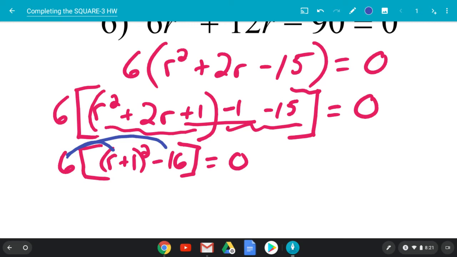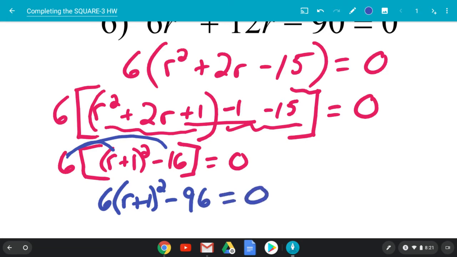So when I multiply it times this first one, I'm just going to let it sit there. 6 times r plus 1 quantity squared. You okay with that? I didn't actually do anything. I just moved it inside that bracket. Yes? And then 6 times negative 16 is going to be a negative 96. And that equals 0.